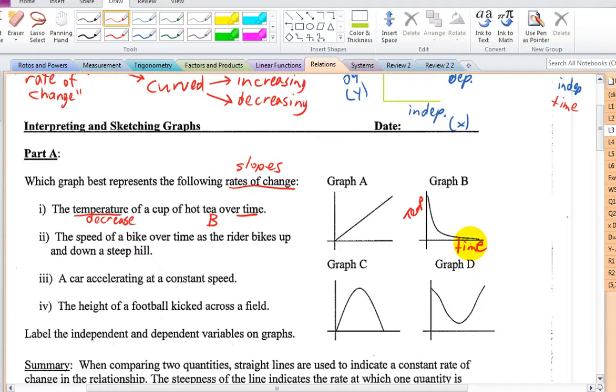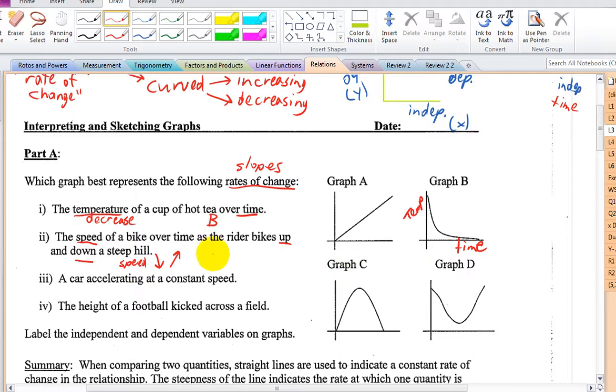Well, the next one, the speed. Okay, thinking about speed of a bike over time as you go up and then down a steep hill. So what happens to your speed as you go up a steep hill? It decreases. Okay, and then what happens when you go down a hill? It increases. So which one's showing speed decreasing and then speed increasing?